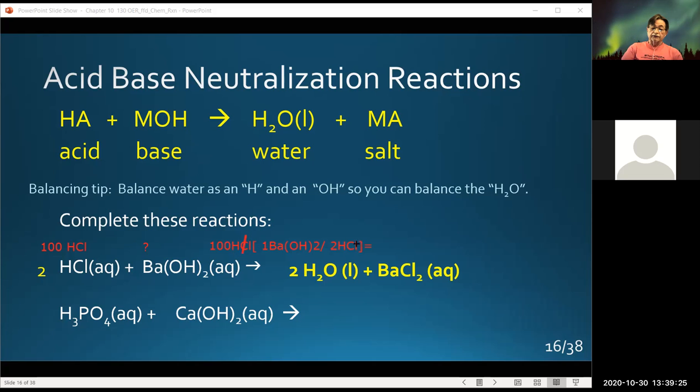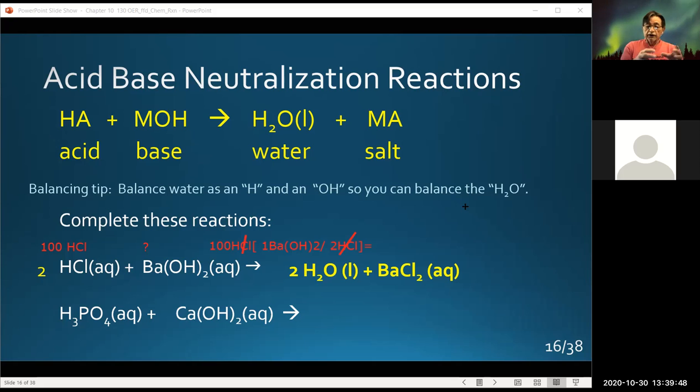My HCl's cancel, just like we did back in the day when we were working with conversion factors, not too long ago, right? So yes, 100 divided by 2 means that I need 50 barium hydroxides if I start off with 100, okay?